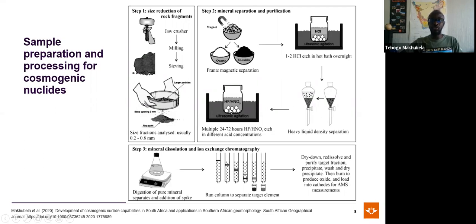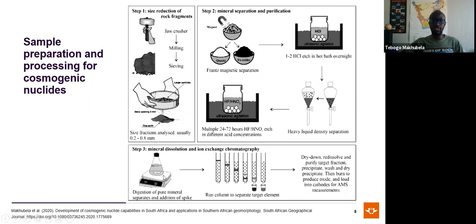And ultimately, you want to use a mixture of dilute hydrofluoric and nitric acid. And this will be done multiple times, commonly about 3 times, for a duration of about 24 to 72 hours. And here you are etching the quartz grains, and you're removing the meteoric beryllium-10 as well as other cosmogenic nuclides that are stuck on the surfaces of the grains, because we're looking for the in-situ produced cosmogenic nuclides.